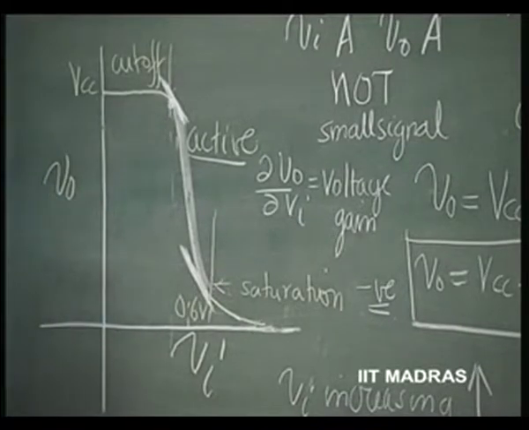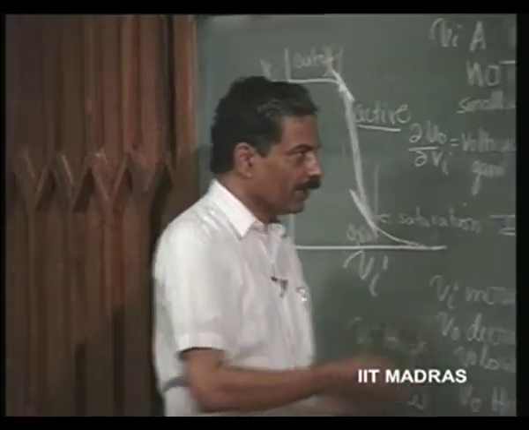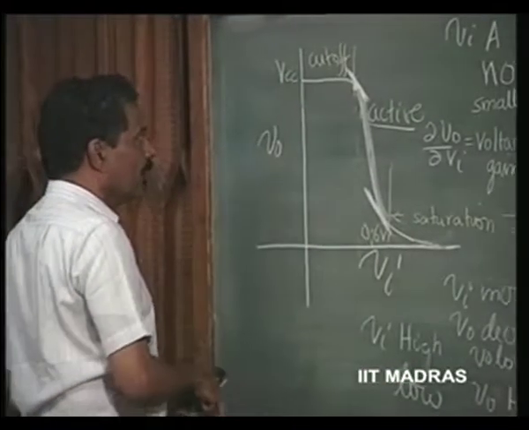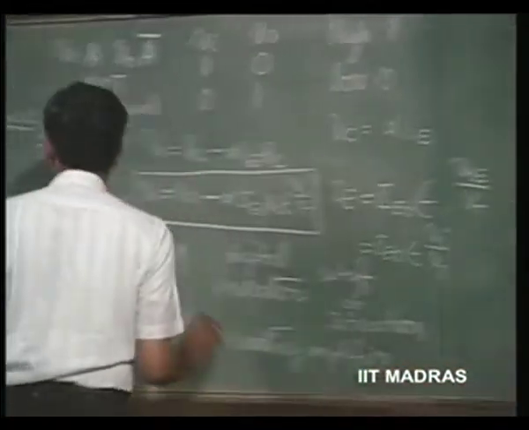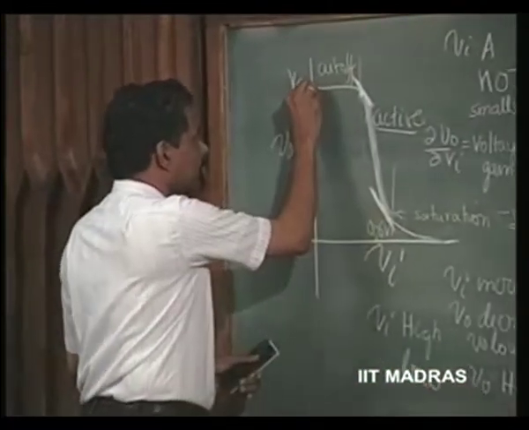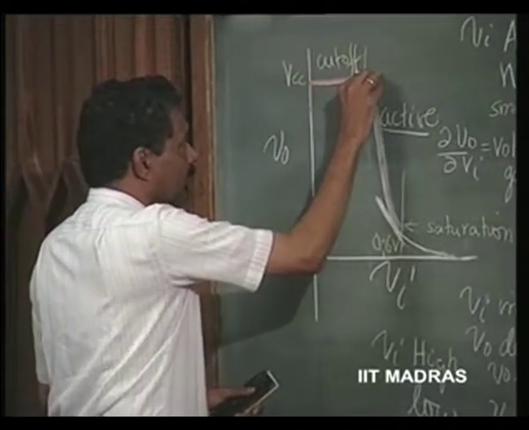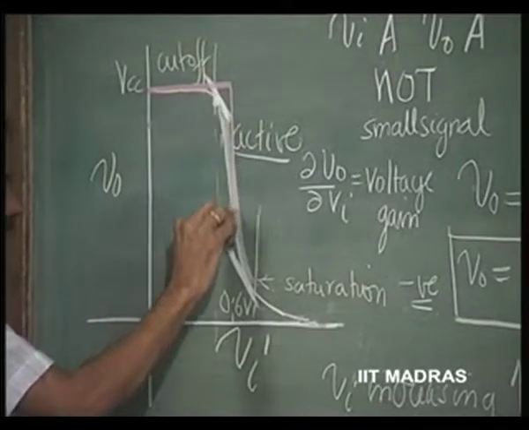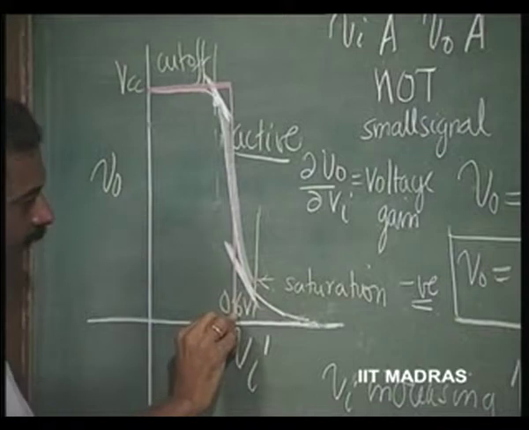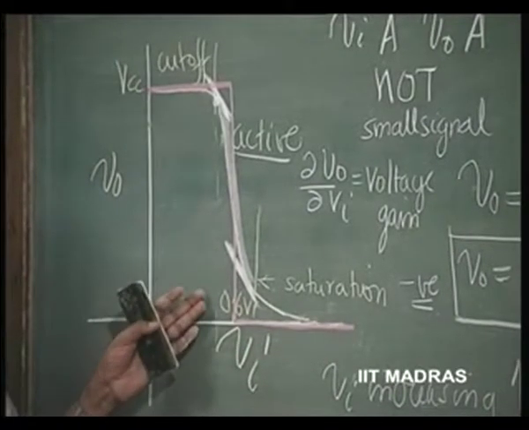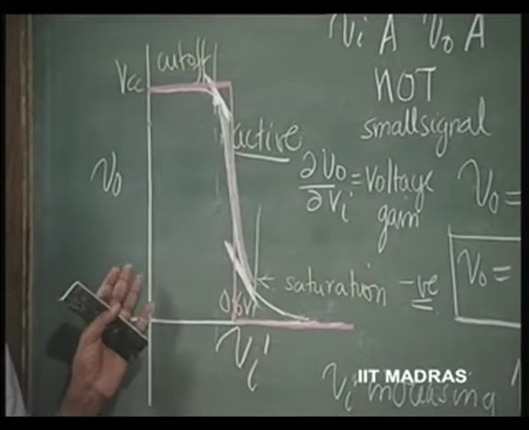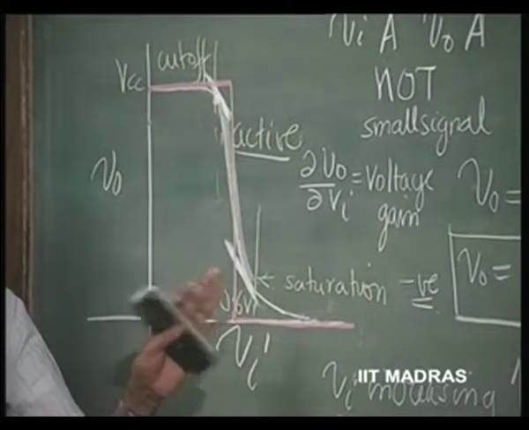Let us now compare it with the ideal inverter. If this is VCC, at exactly VCC by 2, the transition will not take place at 0.6, it will have equal noise margin for both 1 and 0.